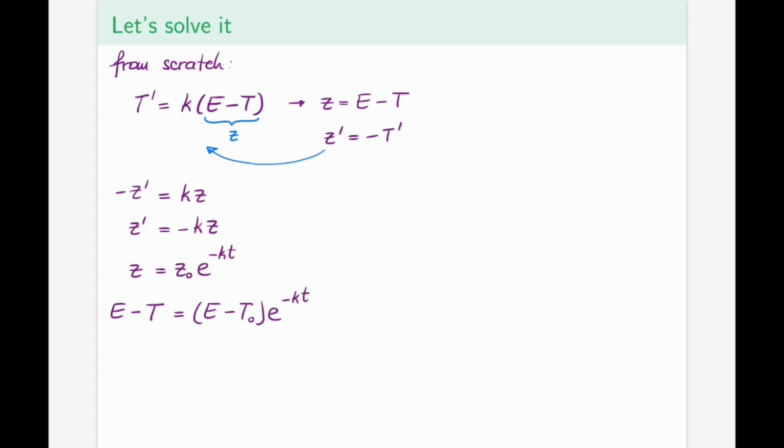If I now take a minute to rewrite the whole thing for T, because this is the temperature that I'm after, I'm going to move E to the right-hand side and then multiply everything by -1 to get rid of this negative. I'm going to get that T is equal to E plus (T naught minus E) e to the power of minus KT.